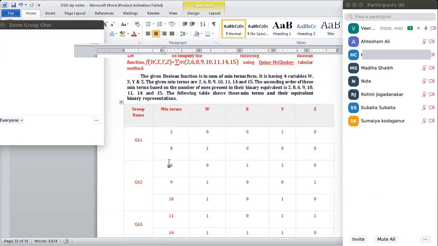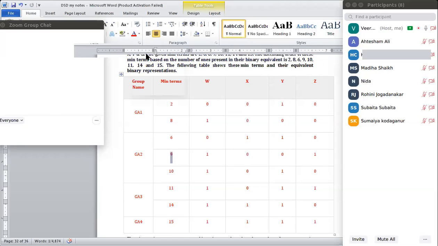If I go for 2 and 9, what will happen? Now compare the binary of 2 and 9, the bits of 2 and 9. Now here it is 0, here it is 1. One place differed, here it is 0, 0, no difference, 1, 0. So now I have got a second difference. So what is my actual procedure?